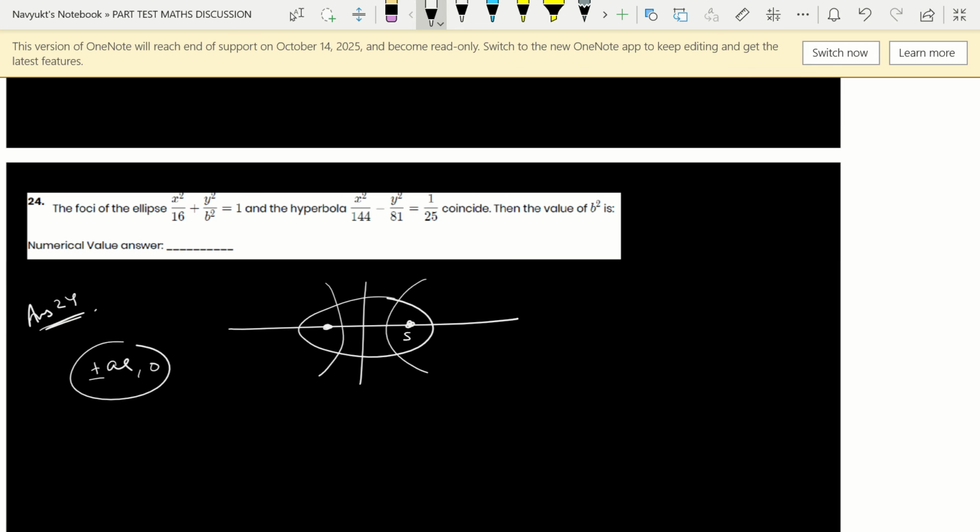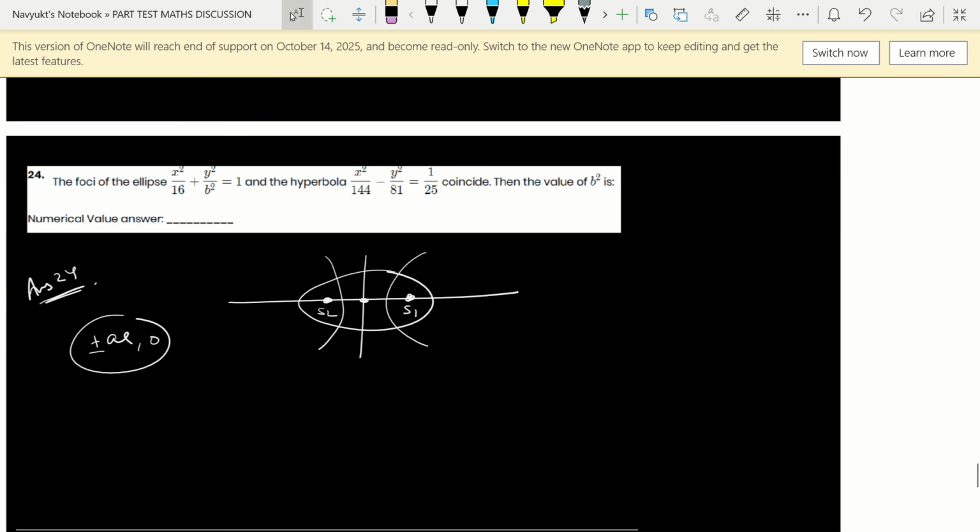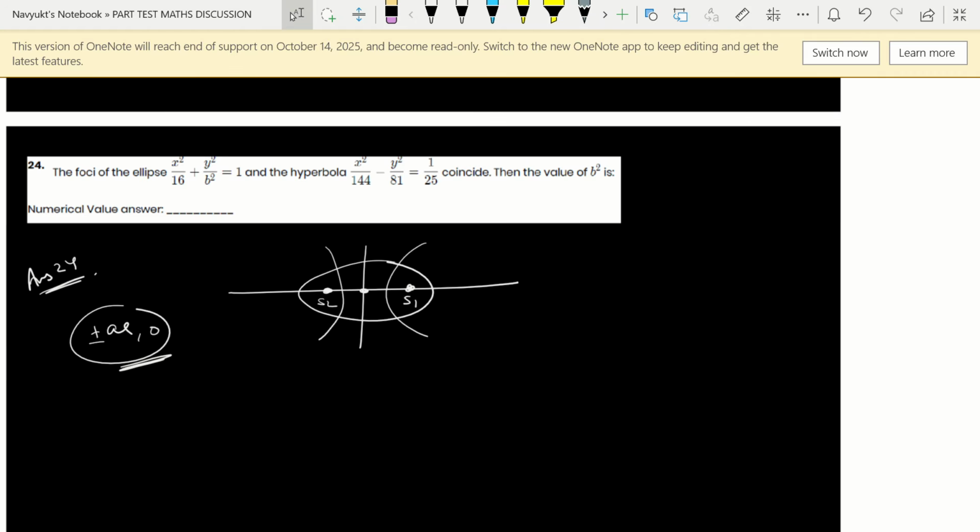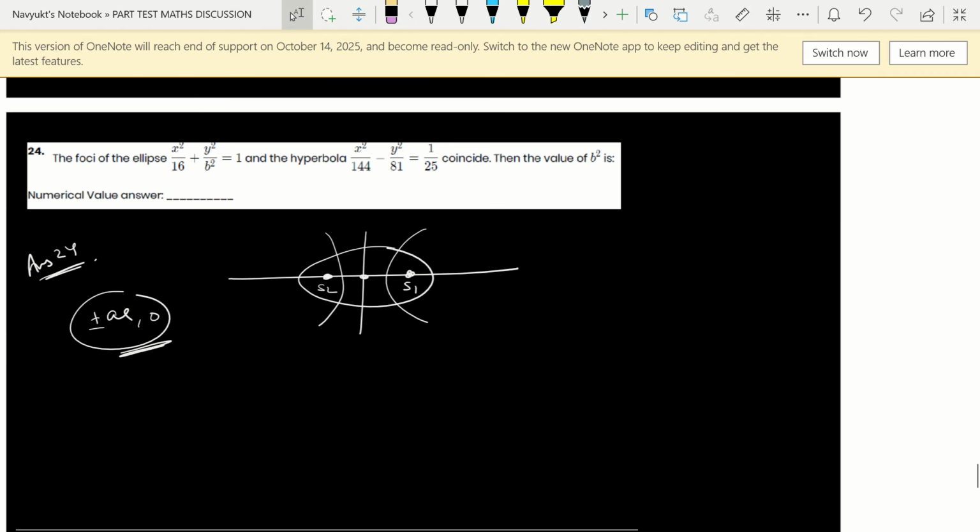Okay, their foci coincide. As they are standard ones, this is the way to write their foci. For the first, we need the value of b square. First of all, a square is given as 16 and b is not defined.